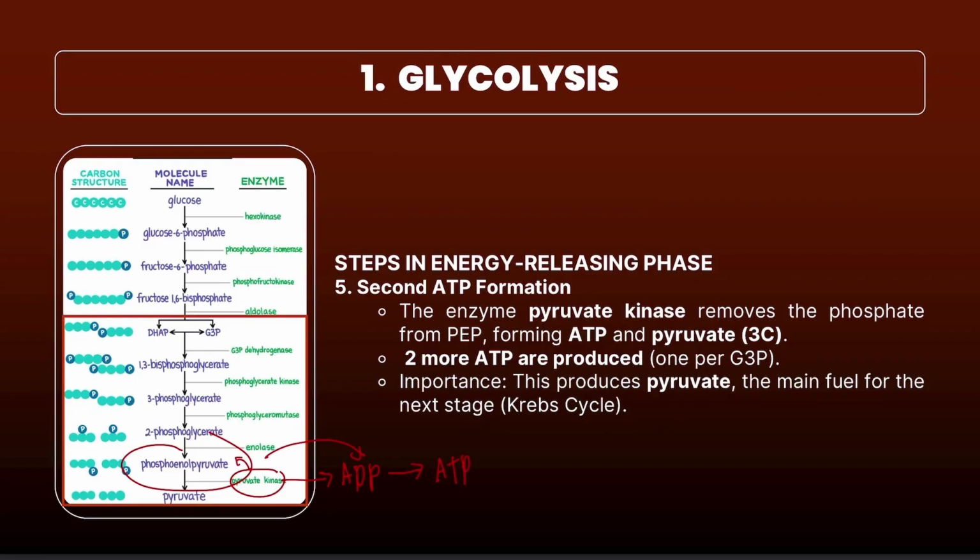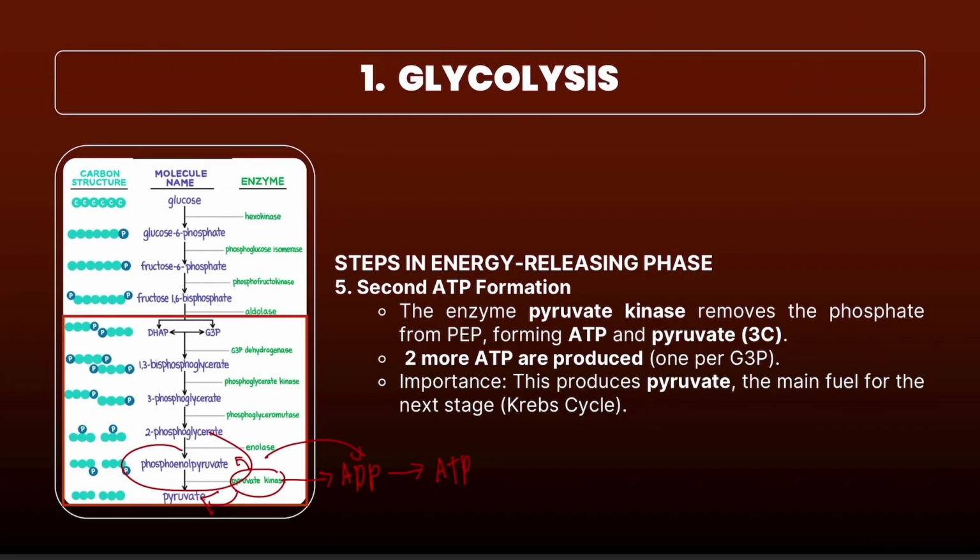So when the PEP gives away its phosphate, it becomes ATP and also pyruvate. Pyruvate is a 3-carbon molecule, okay?